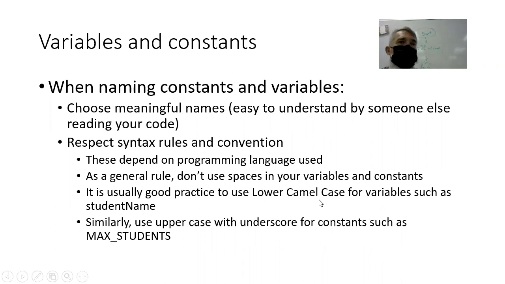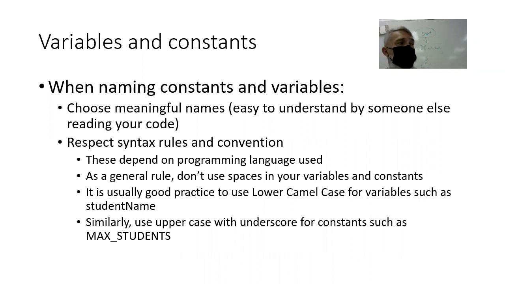The idea is that you want names for your variables and constants which are meaningful, so that somebody else who reads your program later, and also you, if you come back and read the program 6 months later, will find that as soon as you read the name, it's obvious what it is.